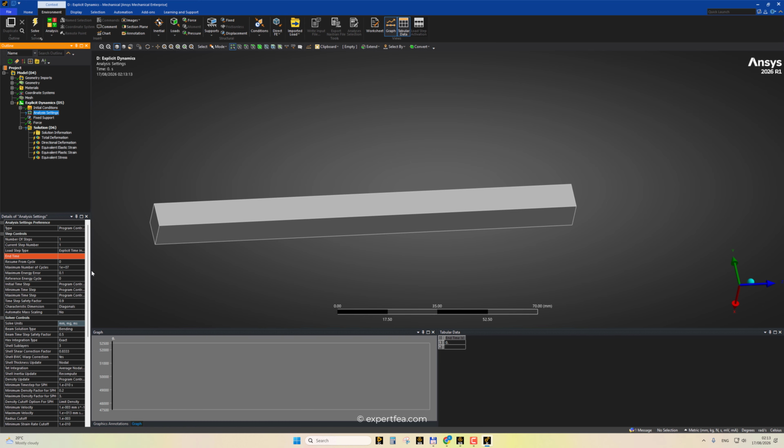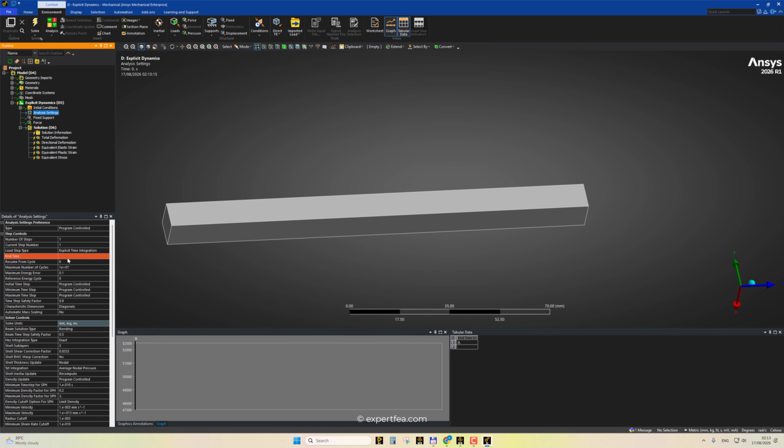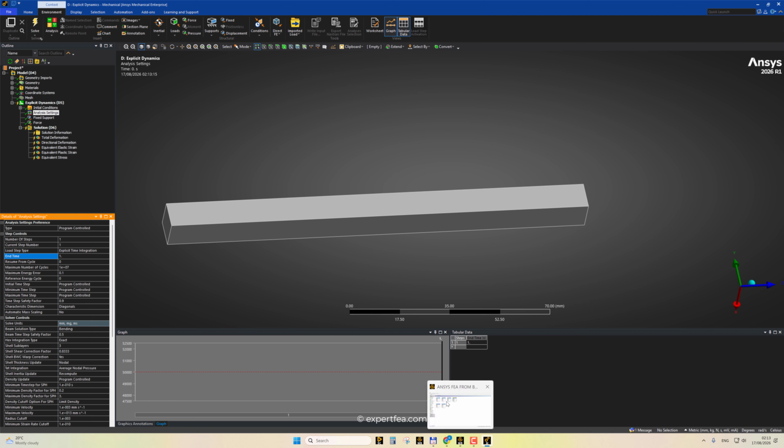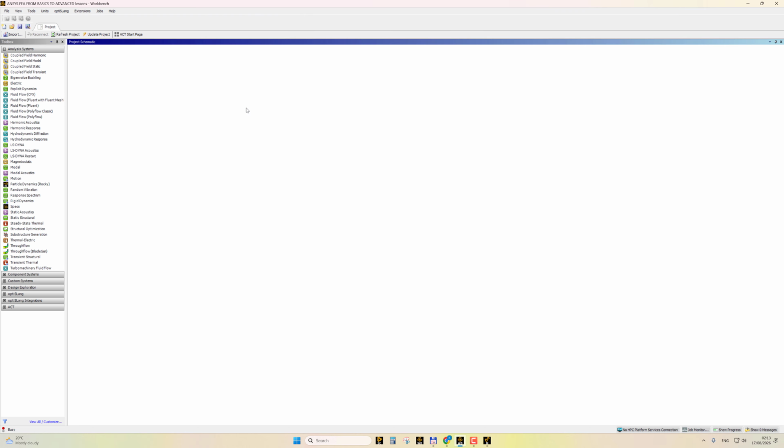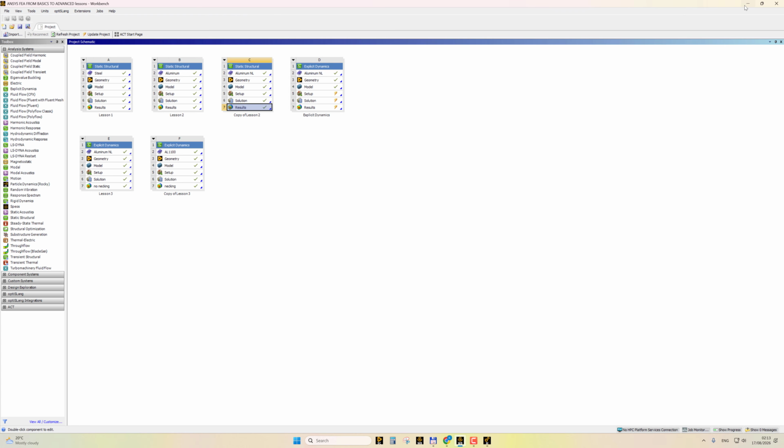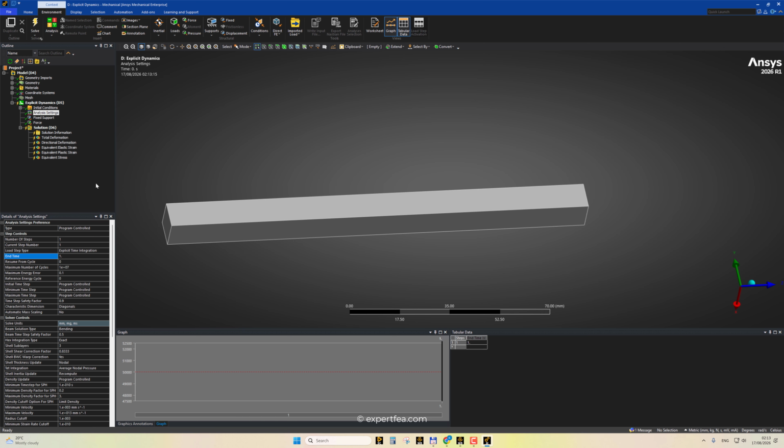Because in analysis settings, we need to input an end time. From now on, our simulation is dependent on time. Time is important. If we were, for example, to hit here 1 second, as in the past simulations, there was only one solving step.